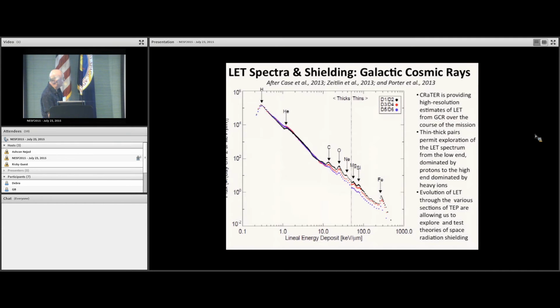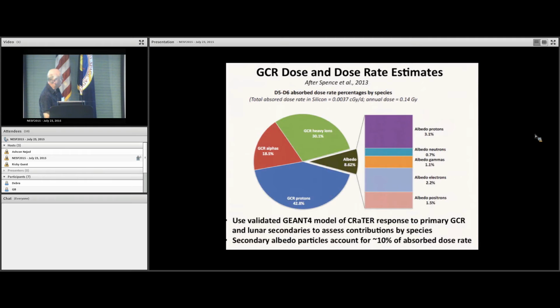We see a series of peaks here, each one mapping to an ion species that's caused and accelerated in the galaxy through supernova acceleration from shocks and so forth. And so it's this spectrum that was our primary goal for the initial part of the mission, from which you can then calculate practical applications for the environment and the effects on humans.